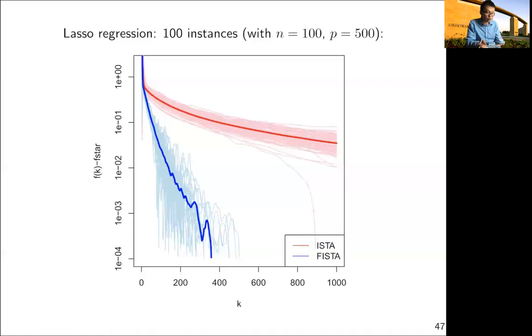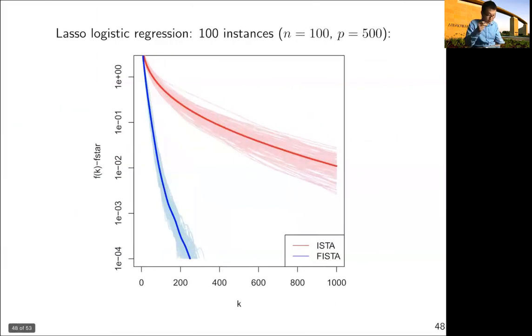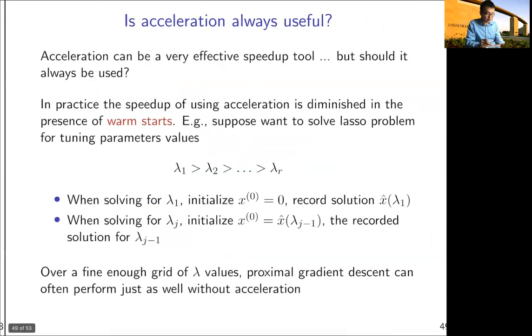If you are developing new optimization methods, this is one way you can visualize with a more convincing empirical confidence band how quickly your algorithm would converge on a variety of different input instances. Okay. So if we use logistic regression, it's also the same case. Then FISTA converges a lot faster than ISTA.